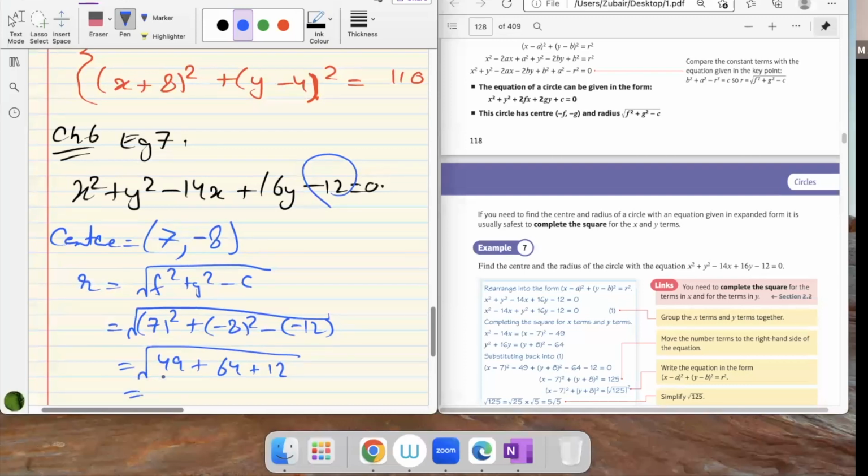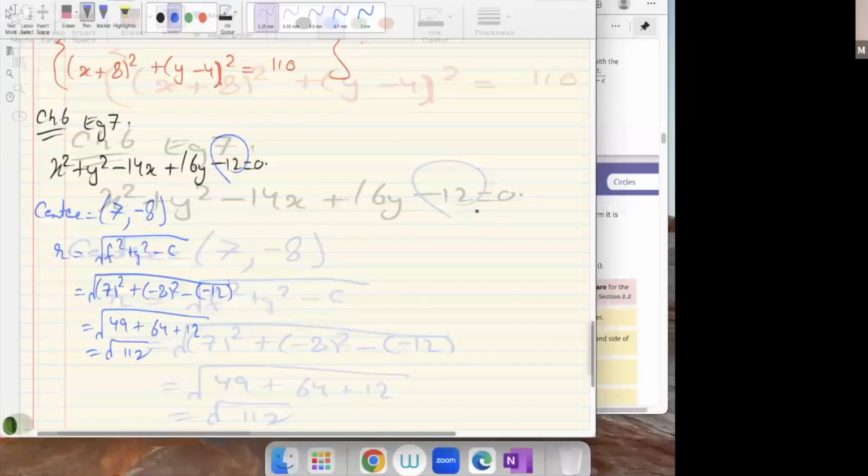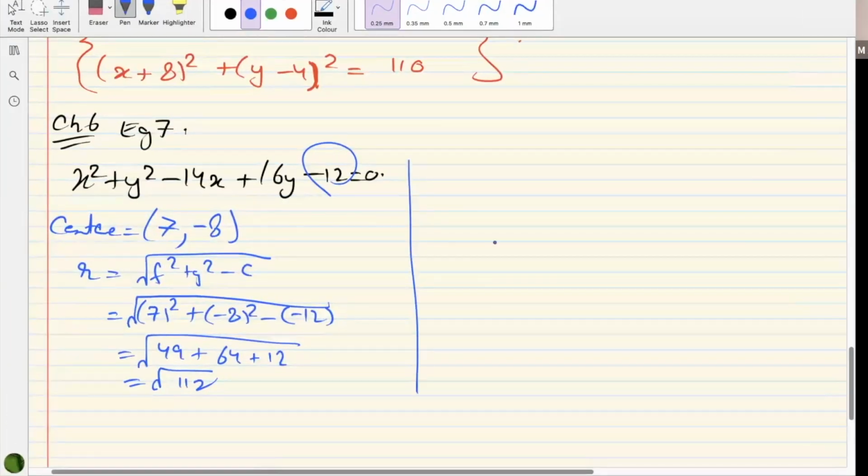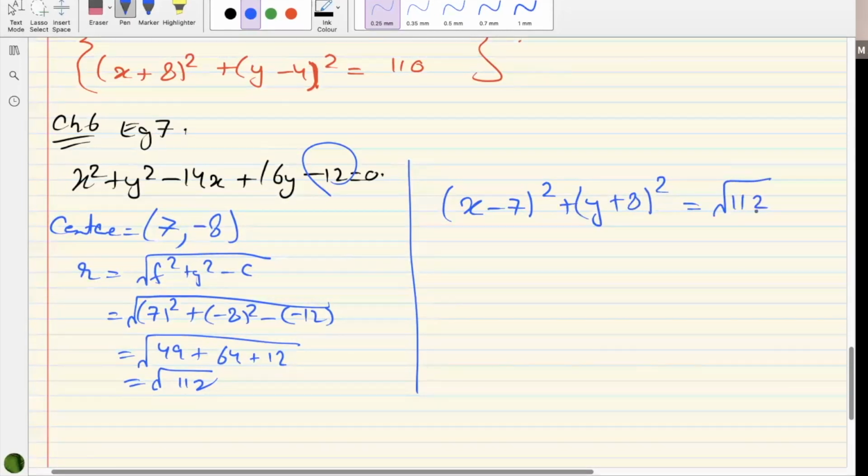Adding all these, what do we get? 49 plus 64 plus 12 is 125. That is square root 125. So can we say the equation of the circle is x minus 7 whole squared plus y plus 8 whole squared is equal to square root 125?